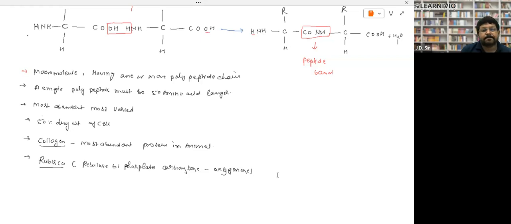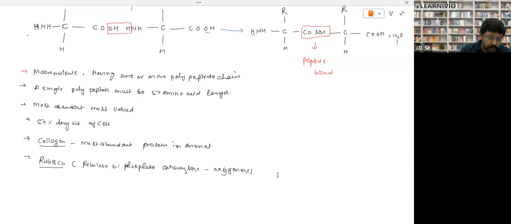Next point. We are very close to chimpanzees. So the genes of chimpanzees are almost similar to the genes of humans. In the same way, because chimpanzees and we are very close to each other, the proteins of chimpanzees will also be similar to the proteins of humans, right?